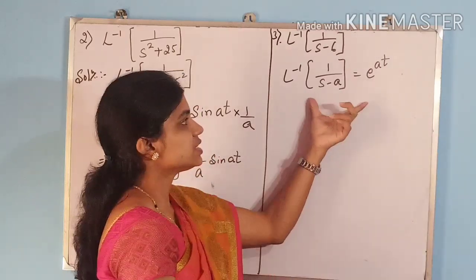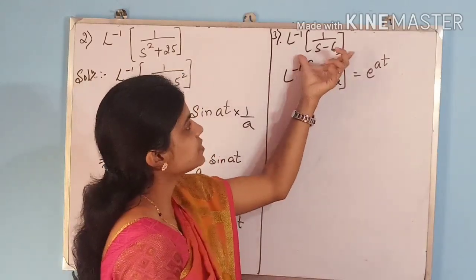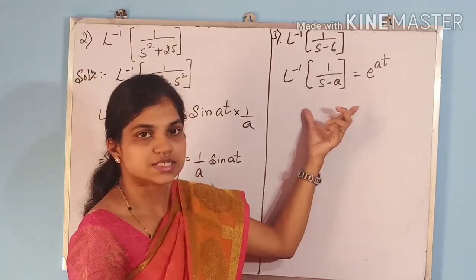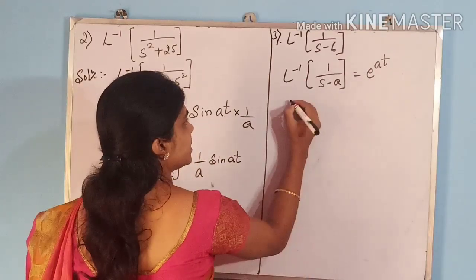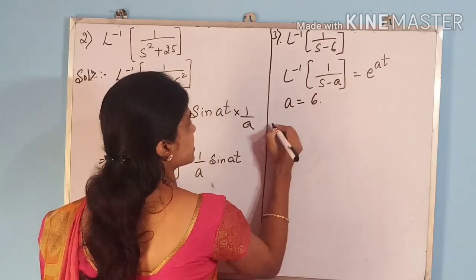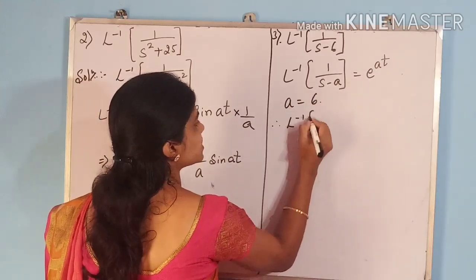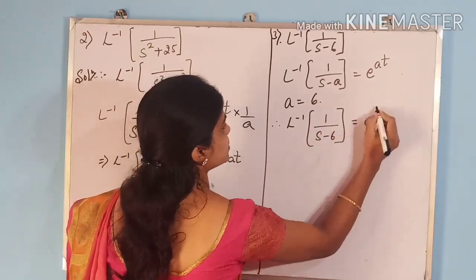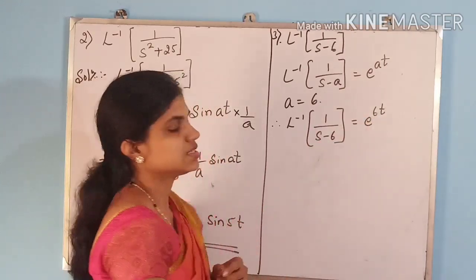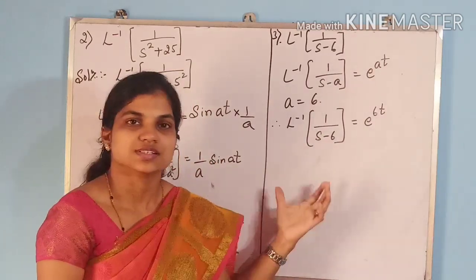Right? So this is our formula, and if you observe, we have the same type of question. So what is a here? A is 6. So therefore, Laplace inverse of 1 by s minus 6 is equal to e raised to 6t. Isn't that very simple?